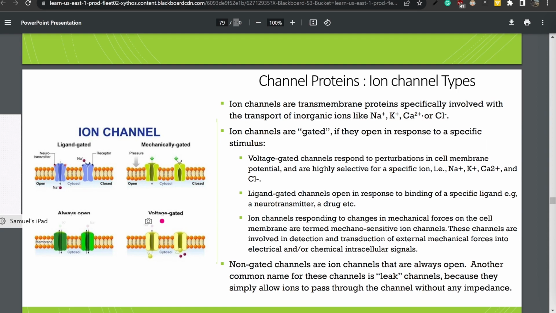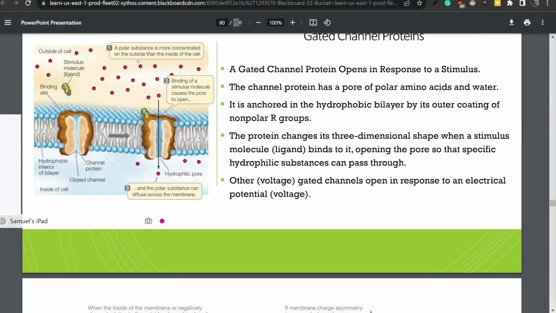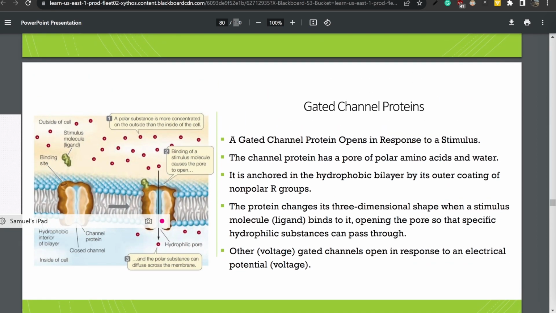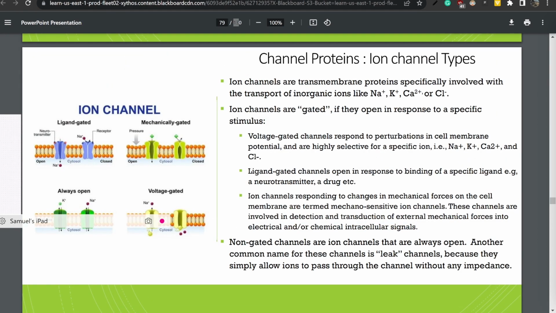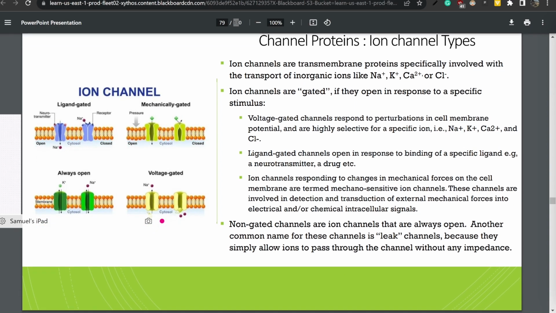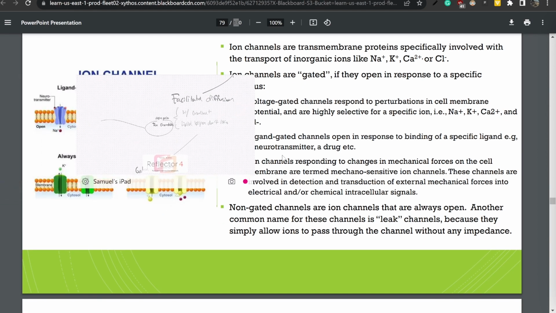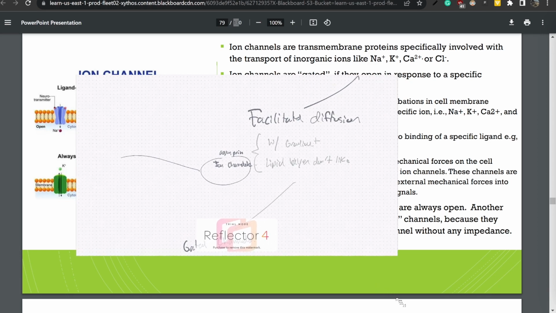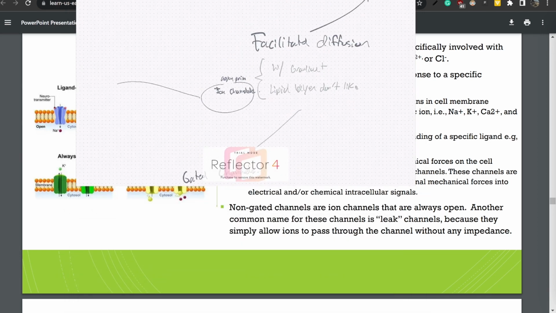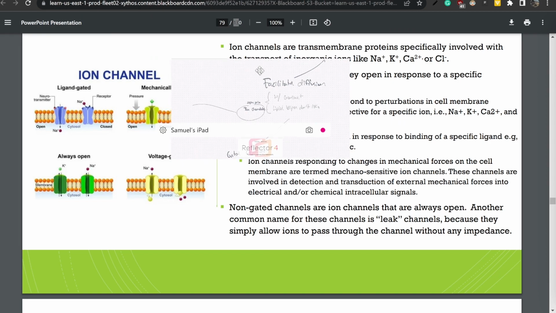Do they talk about mechanical sense? I'm curious about mechanical force on the cell, mechanically sensitive ion channels. It's coming up really close to 7 and I have to leave, so I'm just going to end off right here.